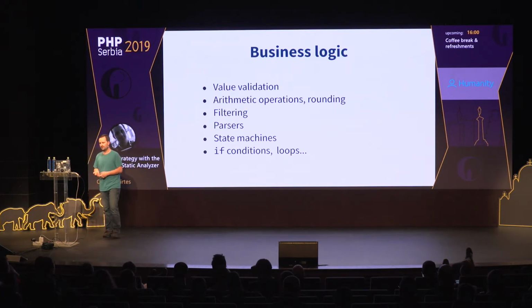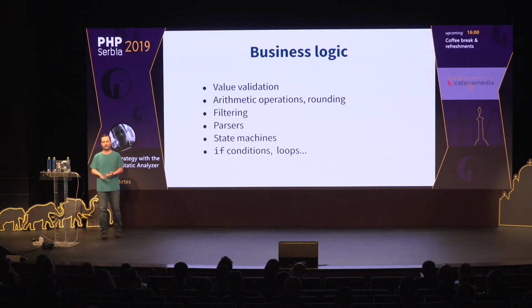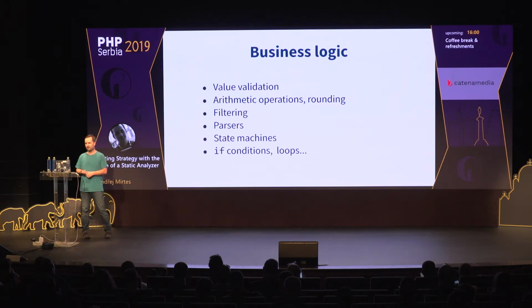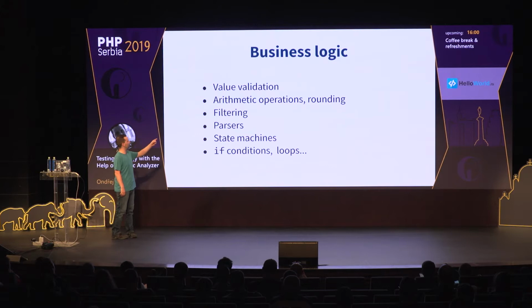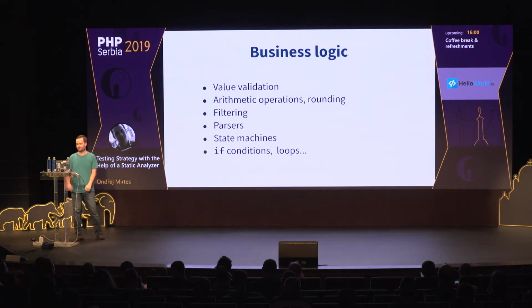A static analyzer will tell you that you are calling an undefined method, that's the wiring part, but it won't tell you that you are rounding your numbers in a wrong way and should have used floor instead of ceil and so on. Business logic is usually value validation, arithmetic operations, filtering, parsers, state machines, if conditions, and loops.